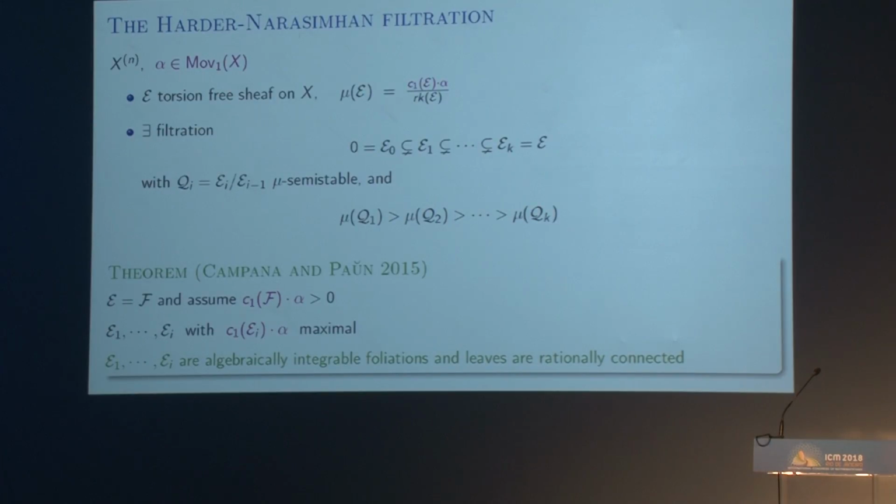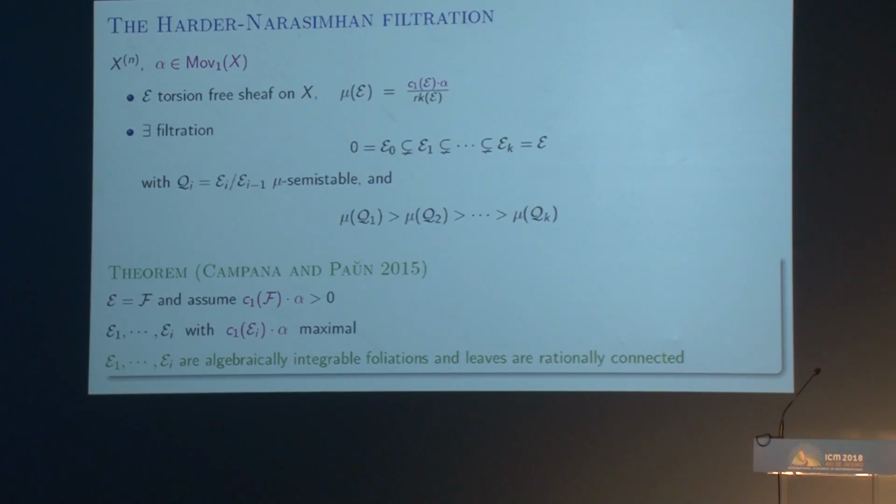These are curves that can deform to sweep out a dense open subset of X. Then you can define the slope with respect to this movable curve class, and again you still have a Harder-Narasimhan filtration. A recent theorem by Campana and Păun showed that the same thing holds: if you take the first pieces of the Harder-Narasimhan filtration until the degree gets maximal, then they all define algebraically integrable foliations, and the leaves are still rationally connected.